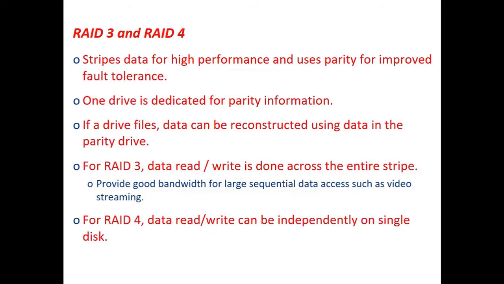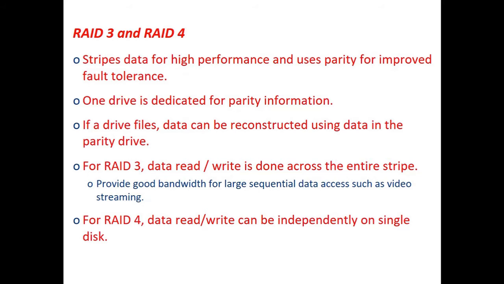That is, we need to read and write the data in parallel from multiple hard disk drives, or from all the hard disk drives. So it provides good bandwidth for large sequential data access such as video streaming. So it is best suited for systems which require large sequential data access, such as video streaming services.